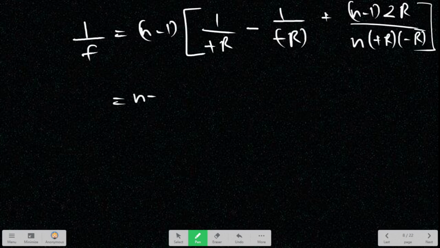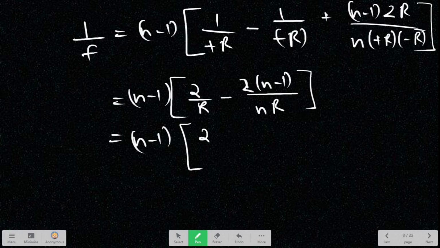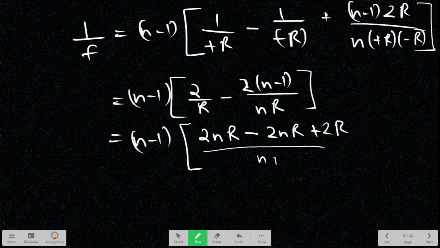So this is equal to (n minus 1) into 2 by R plus 2 into (n minus 1) divided by n R with a negative sign. So this is equal to (n minus 1) into (2nR minus 2nR plus 2R) divided by n R square.